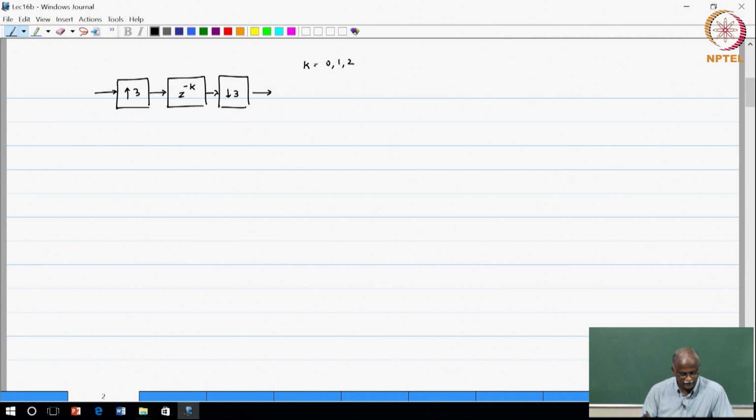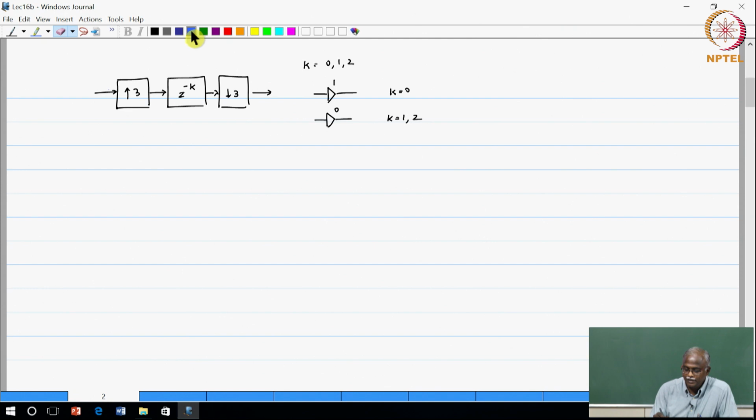The output is, if k equal to 0, upsampling and downsampling cancel each other. So this will be equal to the identity system with gain 1 for k equal to 0. It is a gain of 0 for k equal to 1, and you can also verify that k equal to 2 is also going to be the same case.